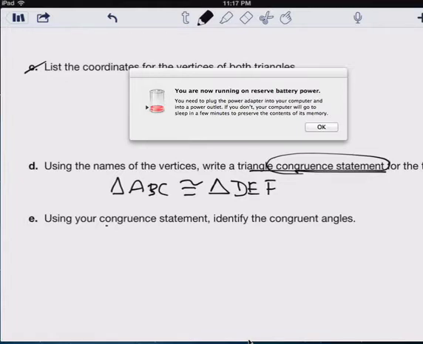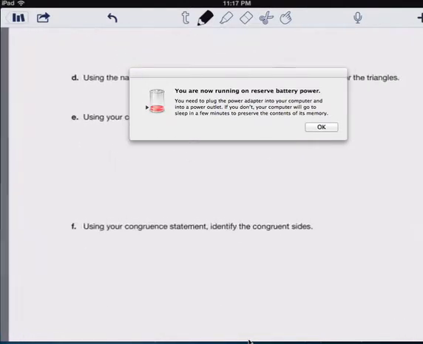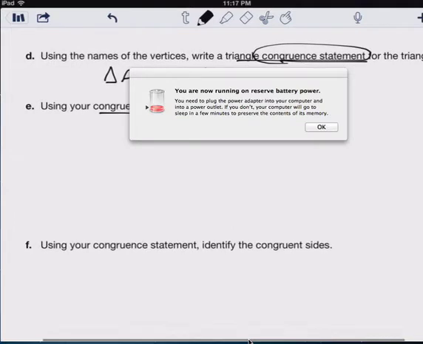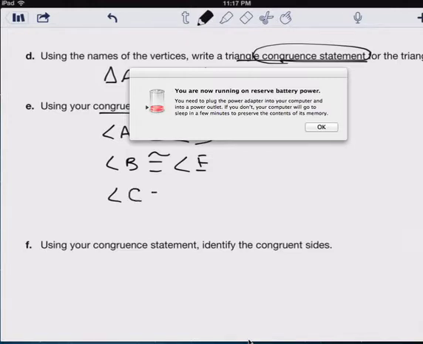Identify the congruent angles using your congruent statement. Okay, so angle A is congruent to angle D. Angle B is congruent to angle E. Angle C is congruent to angle F.